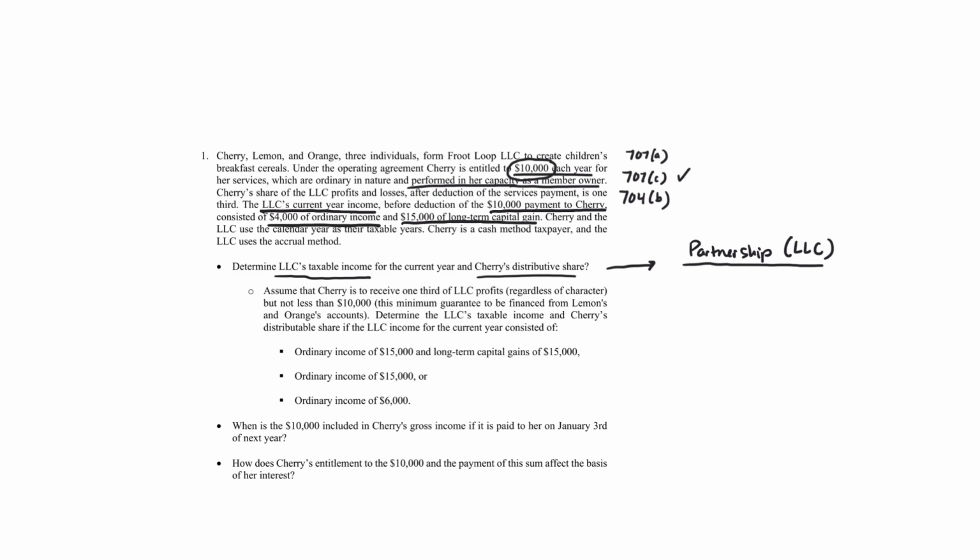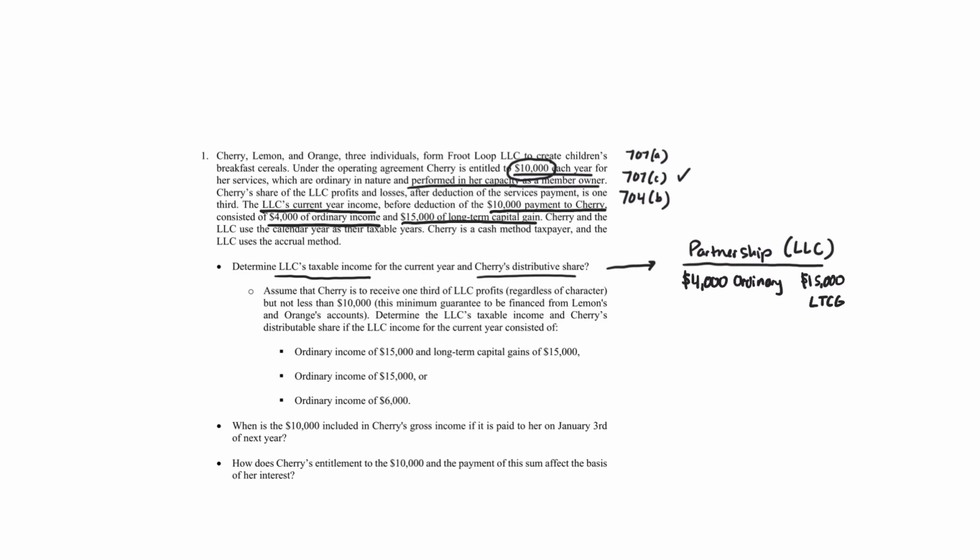So as you know, in tax, character makes a big difference with a lot of different things, and we need to keep those separate. Anytime we have partnerships, remember they're flow-through entities. K1, you flow through those respective items to the owners. So in the big picture, right, we got $4,000 of ordinary income, and we have $15,000 of long-term capital gain.